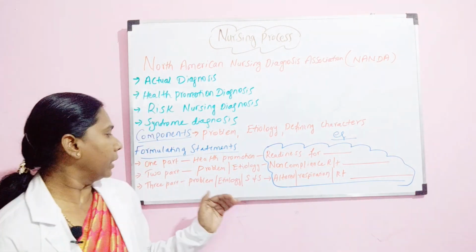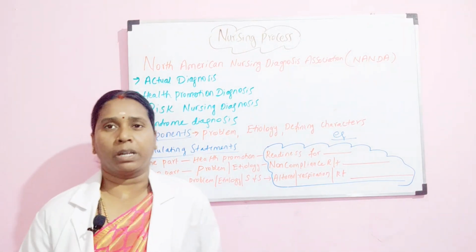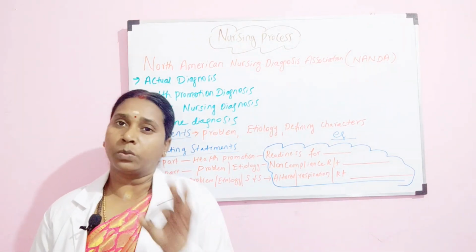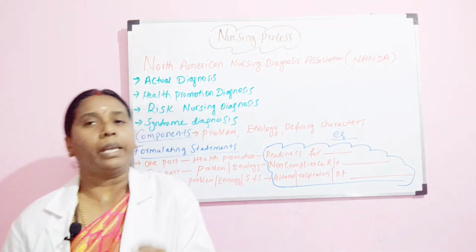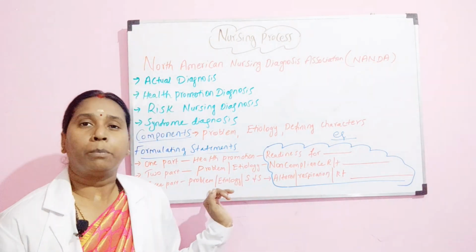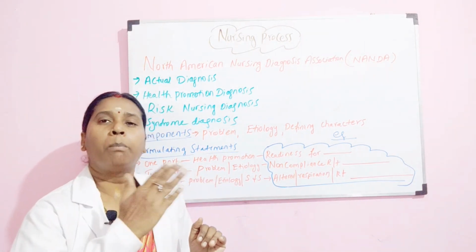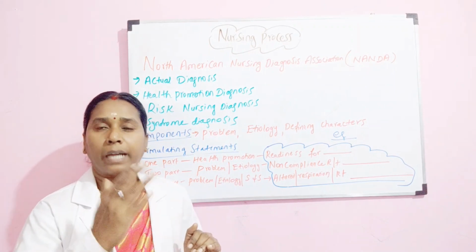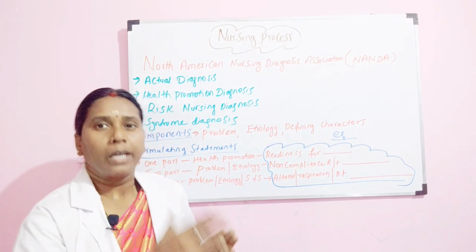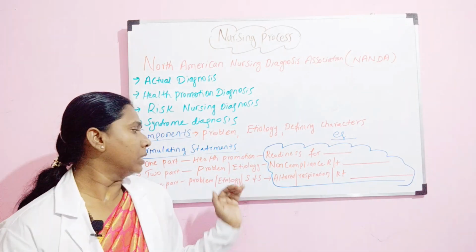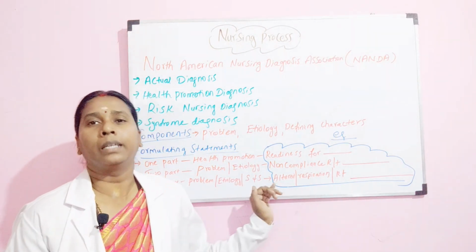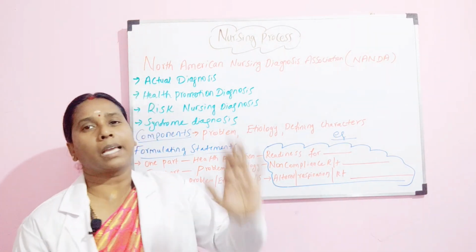Okay, then coming to the three-part statement. When you have a NANDA diagnosis with three parts, you have three areas. One is the problem. The first part of the diagnosis is the problem. The second part of the diagnosis is the etiology, and the third part of the diagnosis is the signs and symptoms.